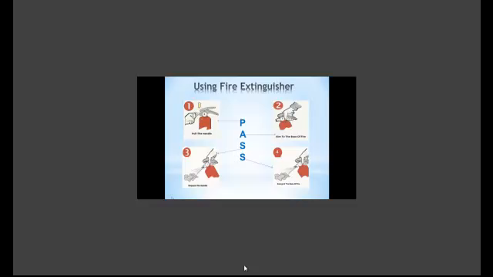The third step starts with S: squeeze the handle. And the fourth step, S, means sweep the extinguisher from side to side while using it. These steps have to be followed in order.